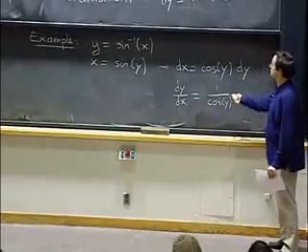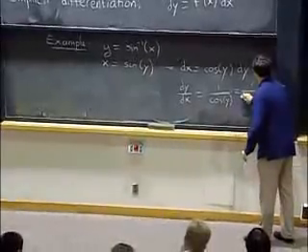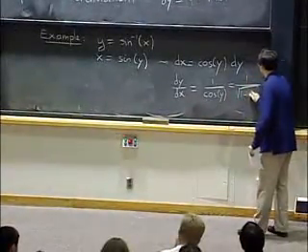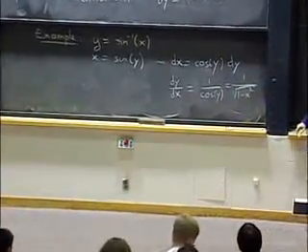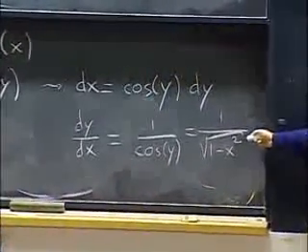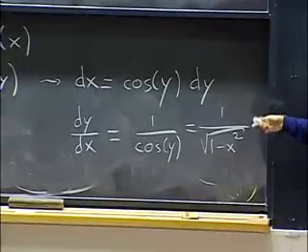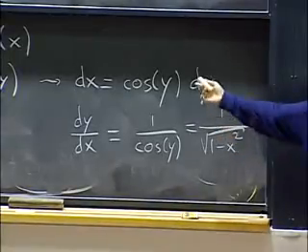And now cosine, in relation to sine, is basically the square root of 1 minus x squared. And that's how you find the formula for the derivative of the inverse sine function. A formula that probably you already knew, but that's one way to derive it.